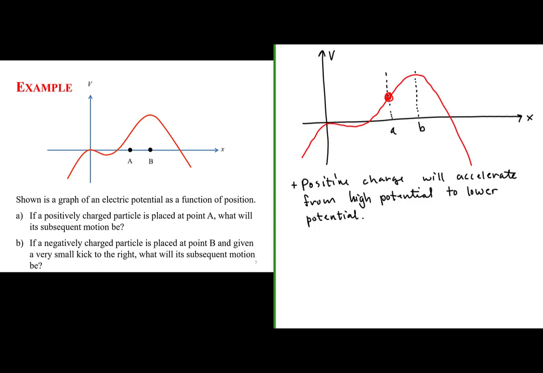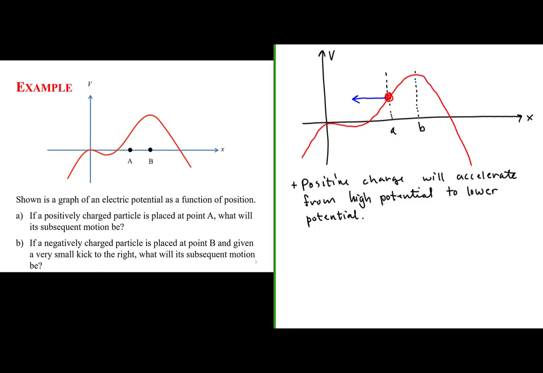So if we want to know what the motion of this charge would be, well, since positive charges accelerate from high potential to lower potential, the charge would start accelerating in the negative x direction, because this would be the direction of that conservative force that causes it to accelerate from high potential to low potential.